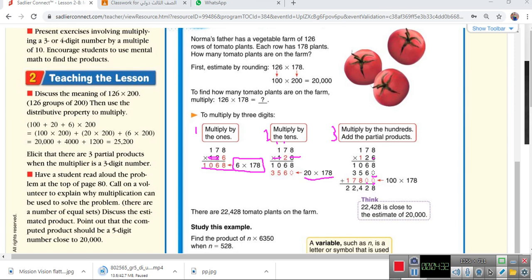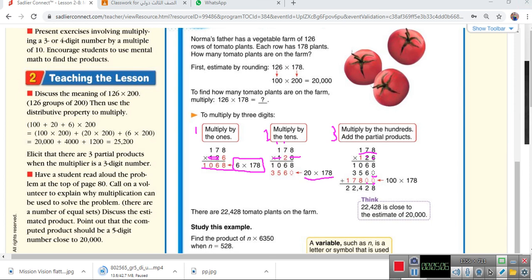Ignore the ones, ignore the tens, and just multiply the hundreds with the whole number. So we have 1 times 8, 1 times 7, then 1 times 1. Okay? And the answer will remain the same. As all of us know, the 1 is the identity number of multiplication, that when we multiply any number by 1 the product is the same as the first number.